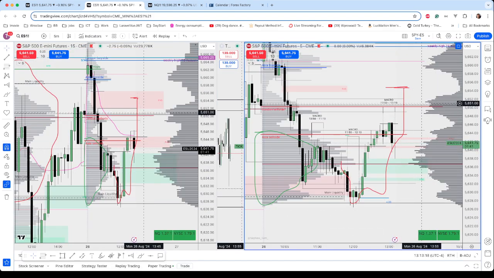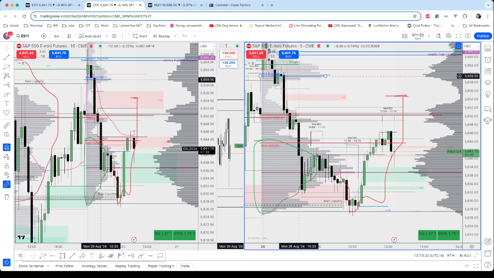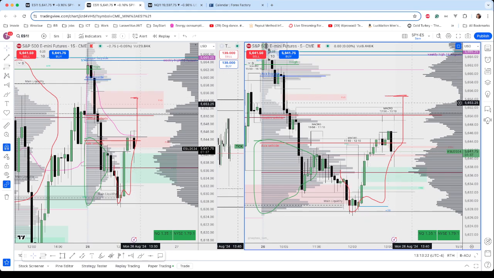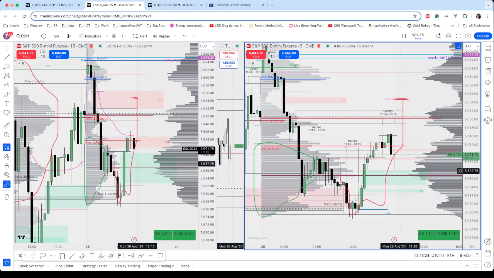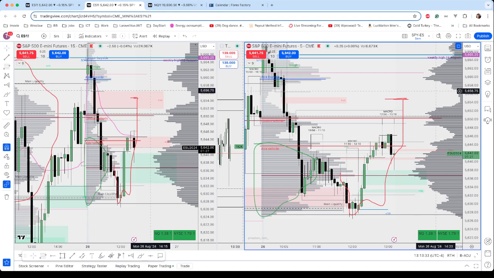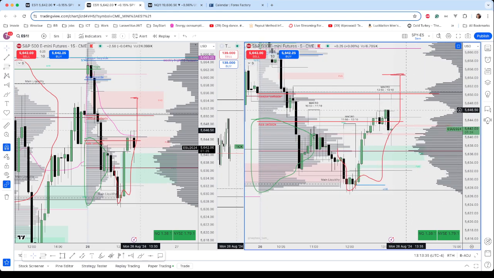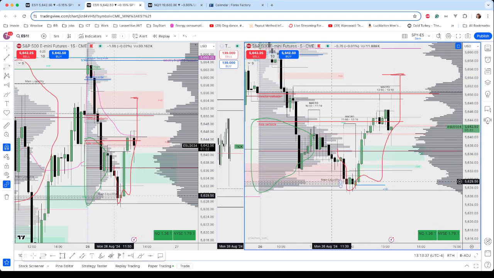I'm trading MES, so I count this as 10 MES. And now this drop, and yeah, who knows? We might get back down here, just to buy more and continue higher, or the whole intention of the market was just to get the shorts out.